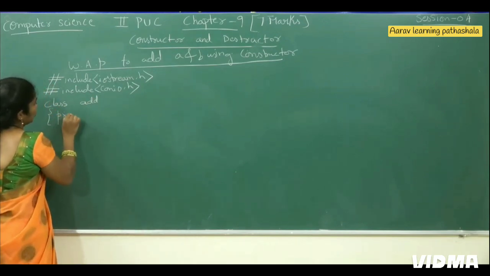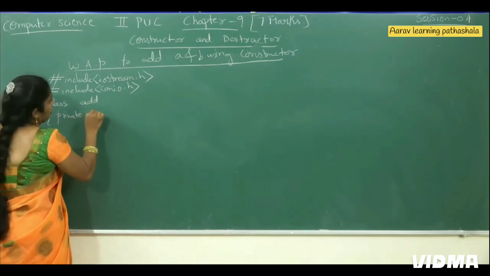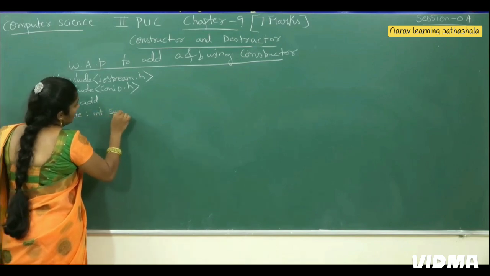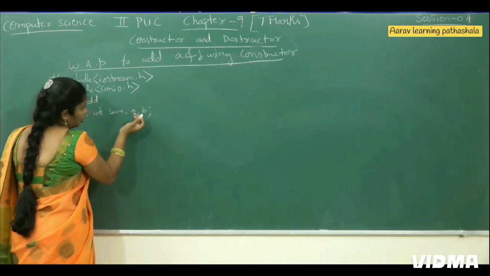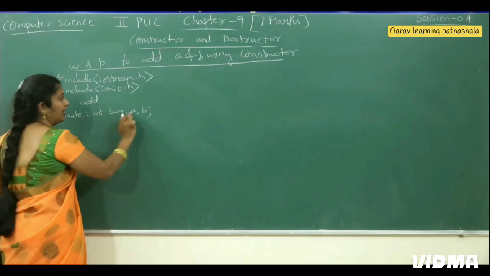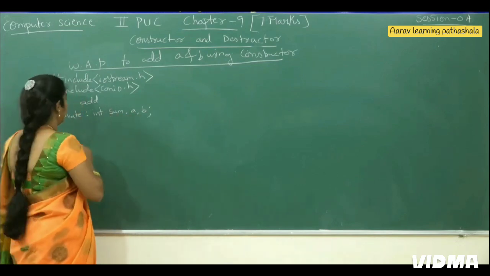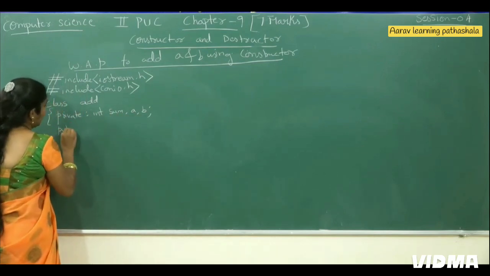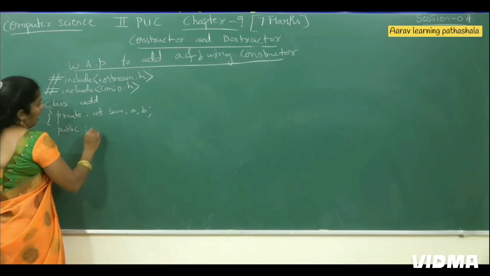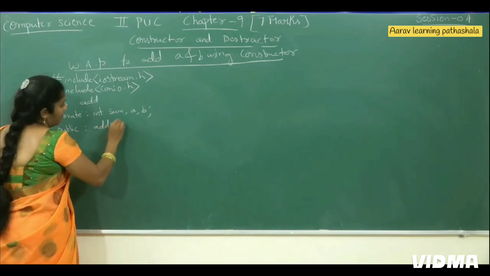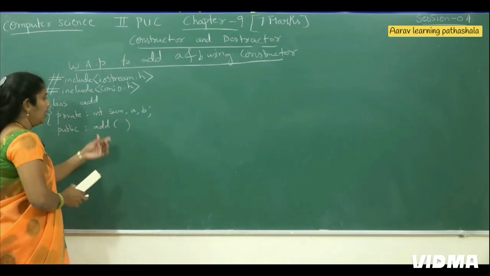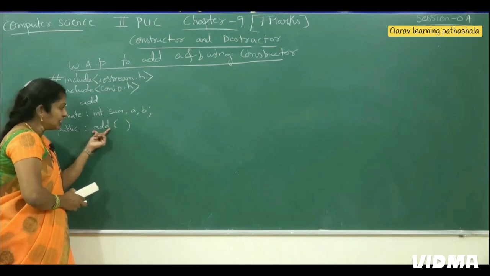In the private section, we are declaring the variables. For example, int sum, a, b. To store the result we need a variable sum, and a and b are the values I want to add. Then in the public section, we are declaring the functions. Add with an empty bracket. It is a constructor. Which type of constructor?